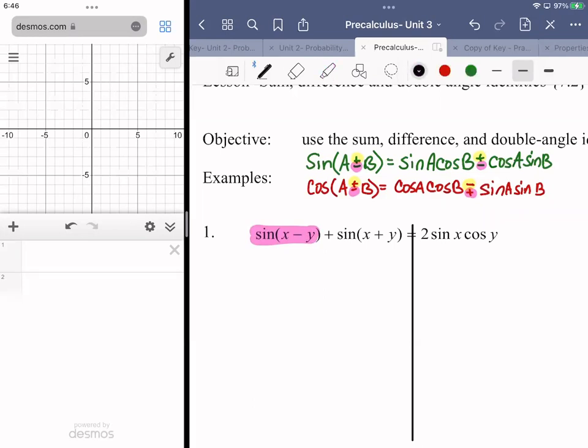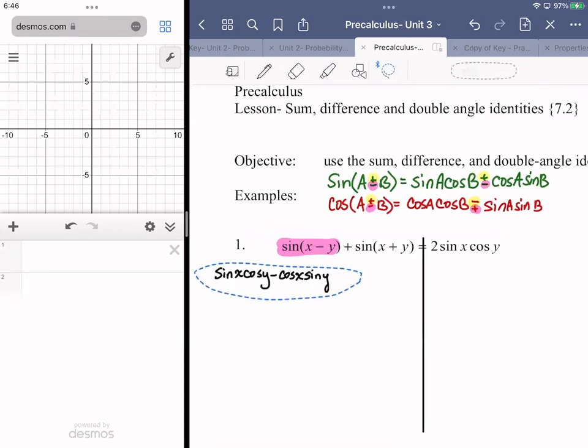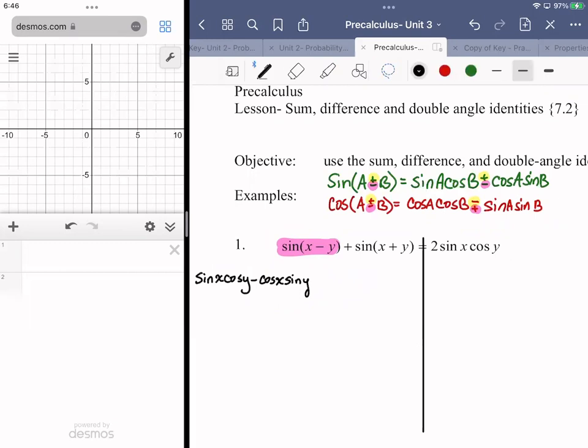So this would become sine of x cosine of y minus cosine of x sine of y. Right? All because of the presence of that minus sign. This one follows the yellow variant, right? And that's the plus.